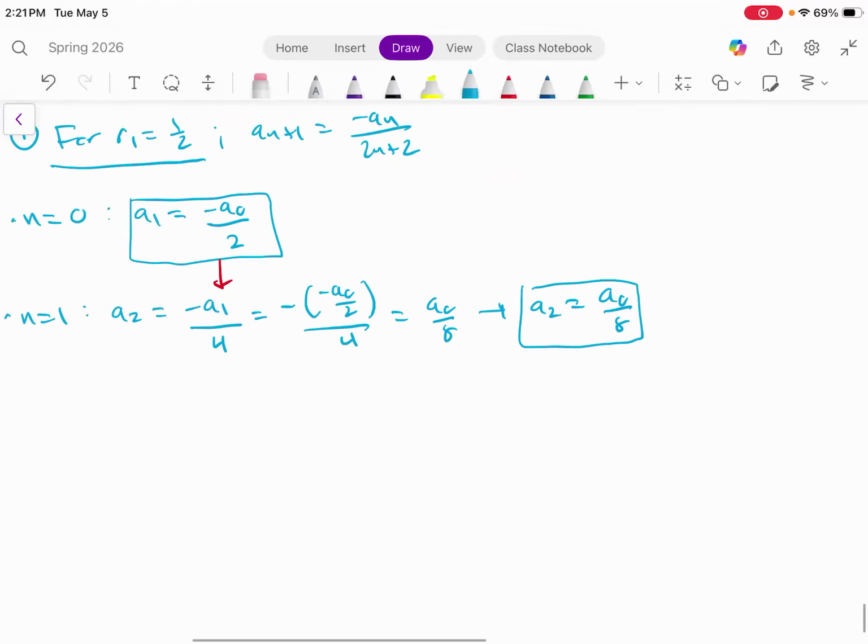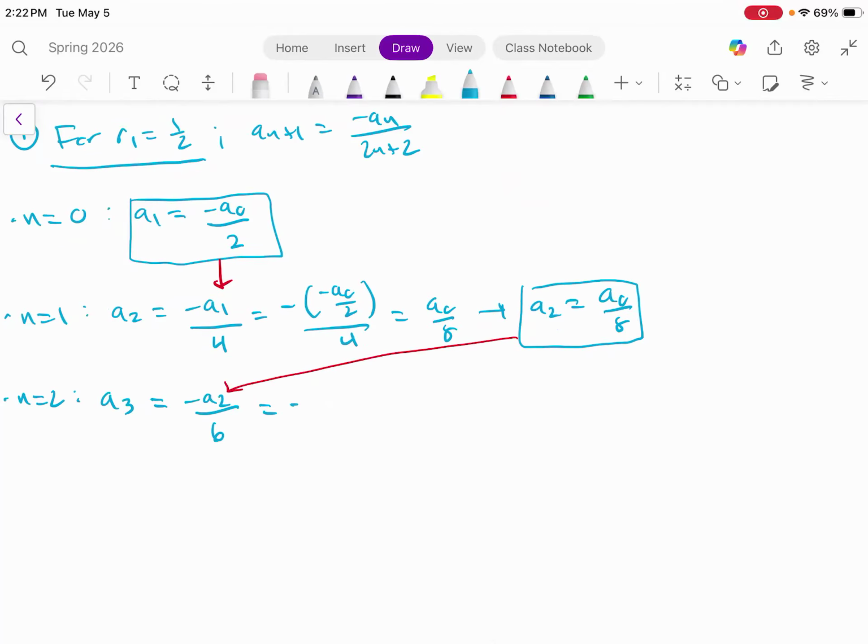Okay, let's just do one more. Let's just go up to n equals 2. We don't need to get a bunch of these. If I plug in n equals 2, I get a3 equals negative a2 over 6. I know what a2 is, so I'm going to plug that in here.